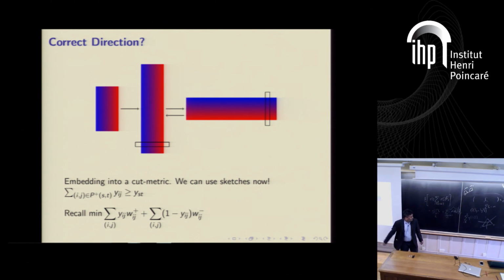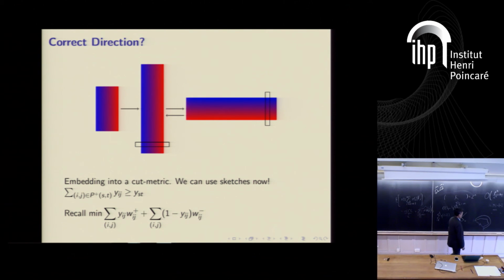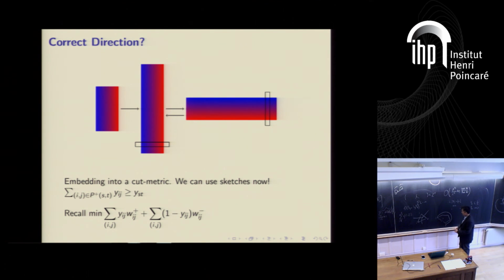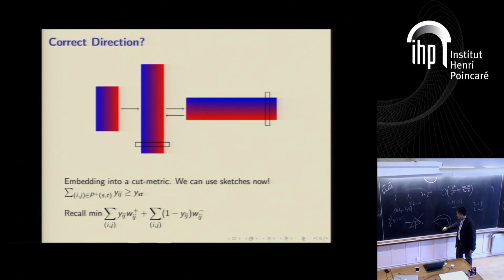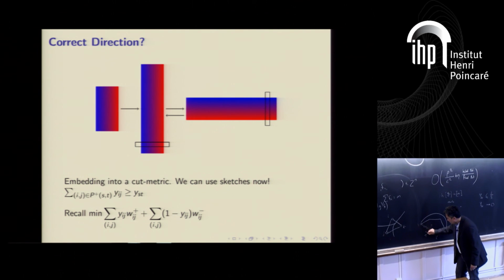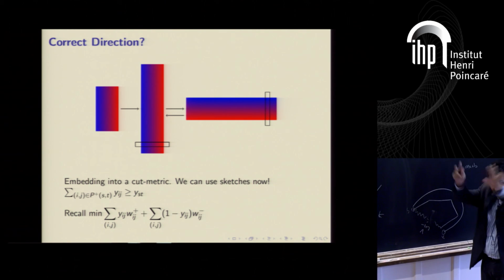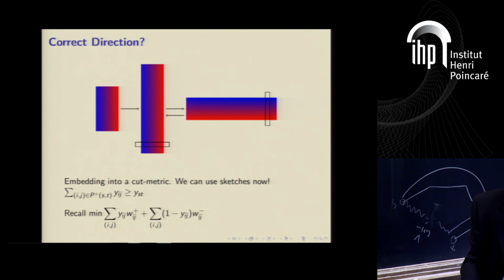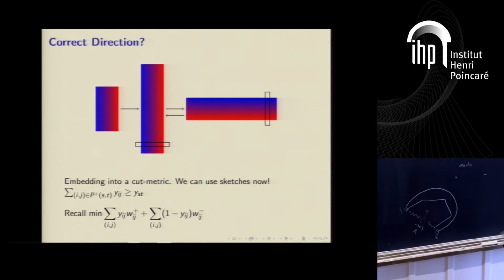So if I do this transformation, the rest of my feasible solution is of the following form. It's an embedding where the distance between S and T is greater than 1/3 for every pair of S and T. Otherwise, I have an easy solution for the remainder of the variables.